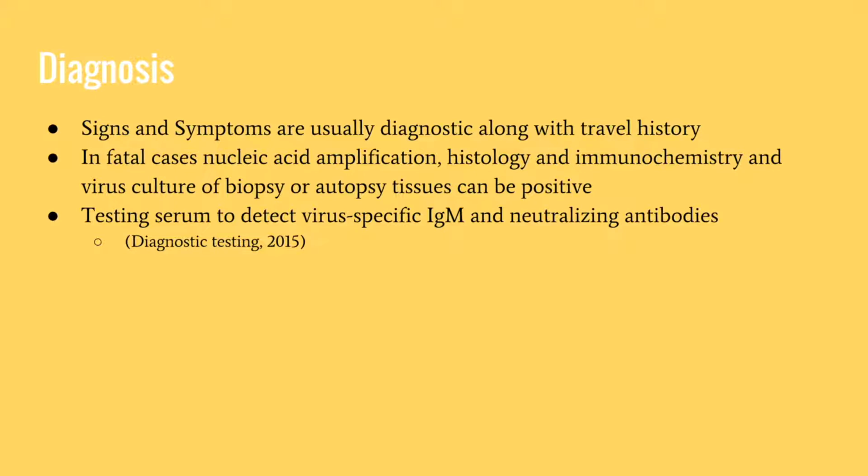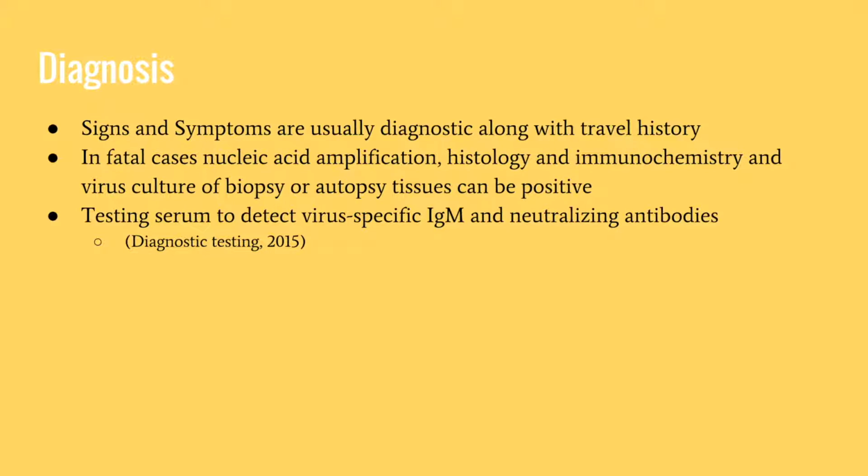Now, for the diagnosis of yellow fever virus, signs and symptoms are usually diagnostic, accompanied with travel history, usually when travel history includes travel to South America or countries in Africa, which we will talk about later on.